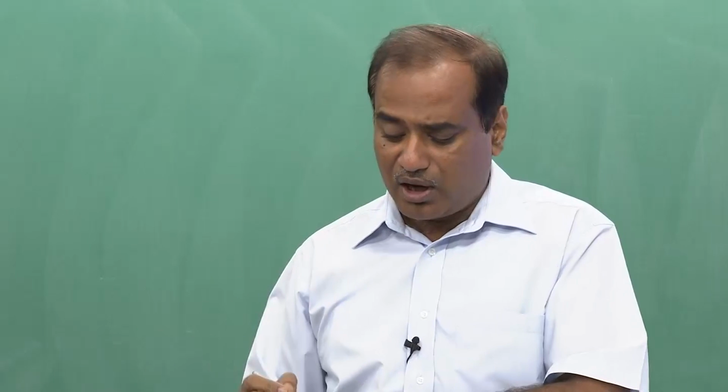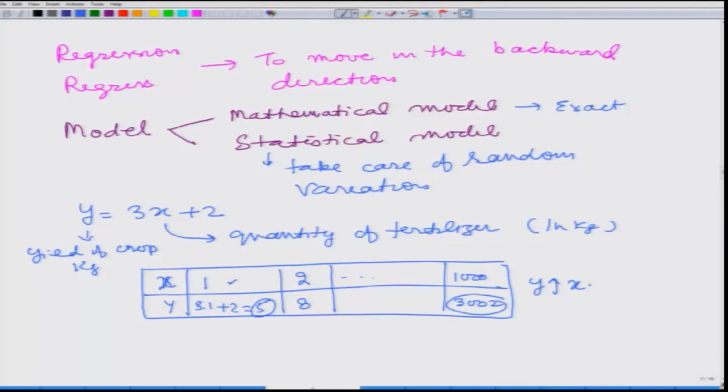Similarly, from the statistics point of view, if I use 2 kilograms of fertilizer, then on average I will get 8 kilograms of yield. But here comes a main difference. Mathematics says that if you keep on increasing the quantity of fertilizer, the yield is going to continuously increase.